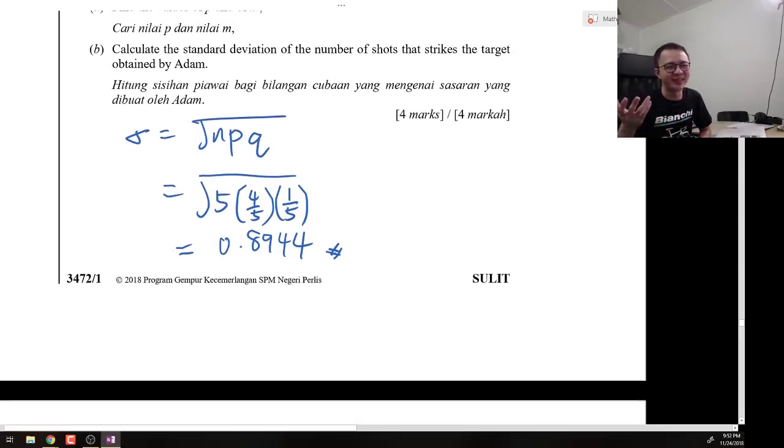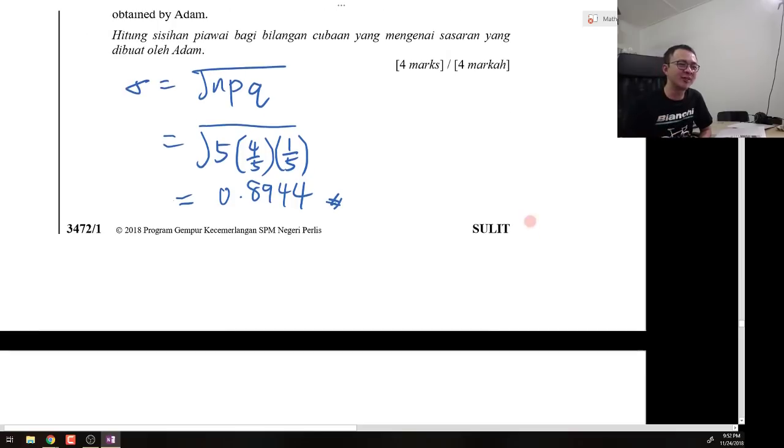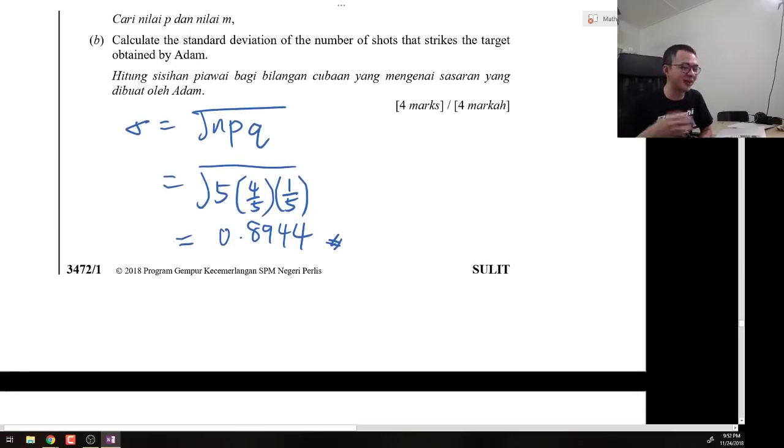What is the meaning of standard deviation? Standard deviation tells you how much inconsistency there is. The larger the standard deviation value, the less consistent the thing is.